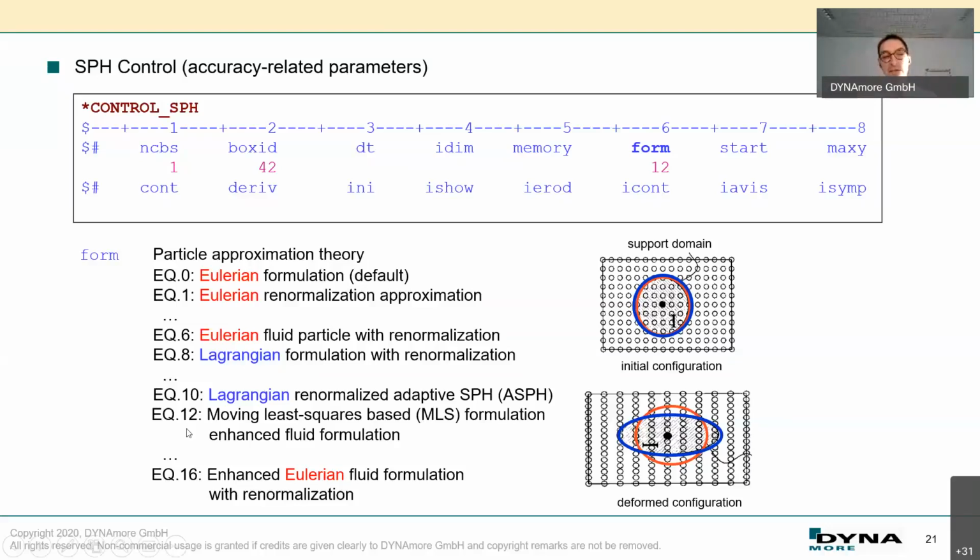This is very favorable if you have large deformation, and it mostly gets rid of the tensile instability because we don't have this bell-like function anymore. These are just a few remarks regarding the kernel functions. You can also take a look at the manual, where you find more elaborate explanations, and check out DYNAlook to find even more information.